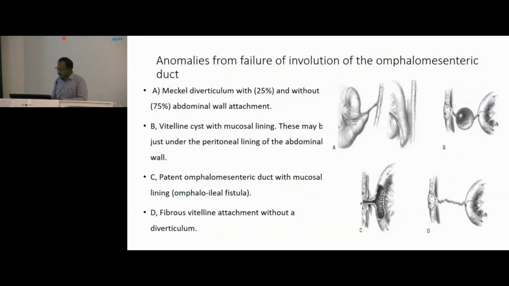These may be just beneath the peritoneal lining of the abdominal wall. And there may be a persistent vitellointestinal or omphalomesenteric duct with mucosal lining causing an omphaloileal fistula, and there can be a fibrous vitelline attachment without a diverticulum. This can also happen.